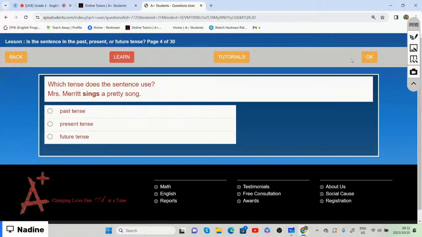Mrs. Merritt sings a pretty song. Is the word sings in the past tense, the present tense, or the future tense?